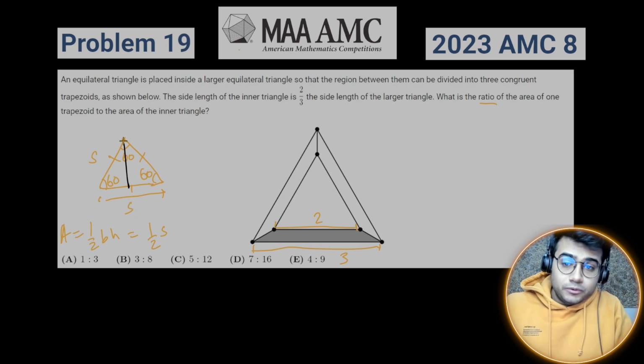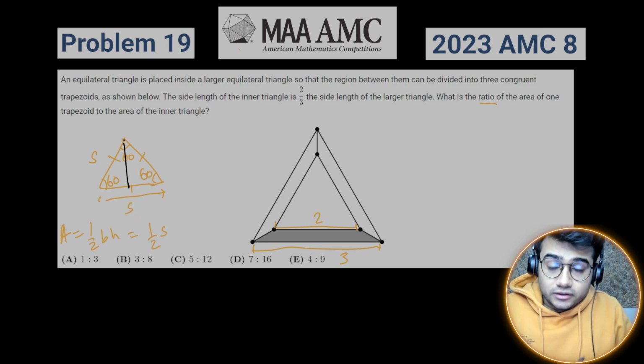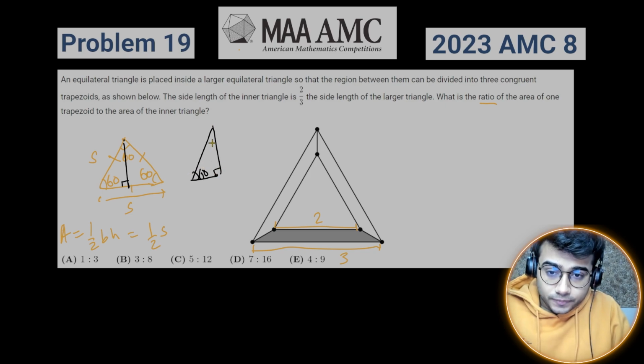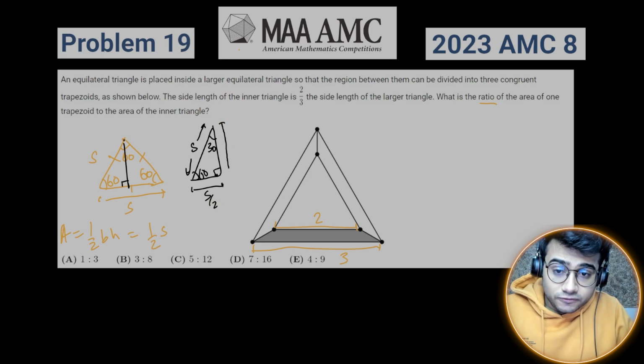Well, if you drop a perpendicular from that point, it splits the triangle into two triangles, and this is a right angle. So this turns out to be a 30, 60, 90 triangle. Okay, and in a 30, 60, 90 triangle, if the hypotenuse is S, well, this side is half of S, so it's S over 2. And using the Pythagorean theorem, you can figure out really easily this is going to be S over 2 square root of 3.